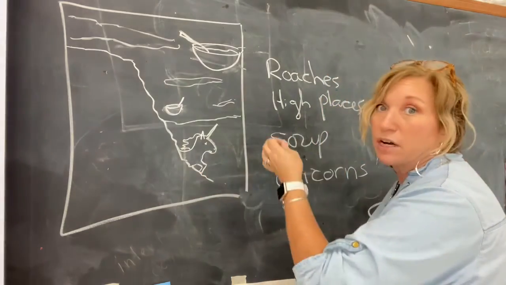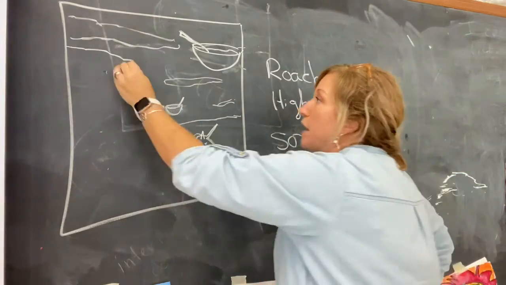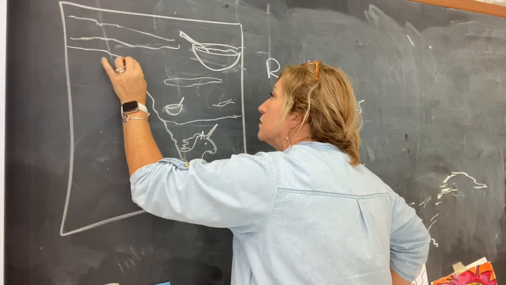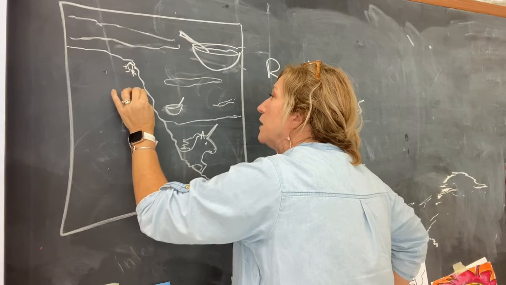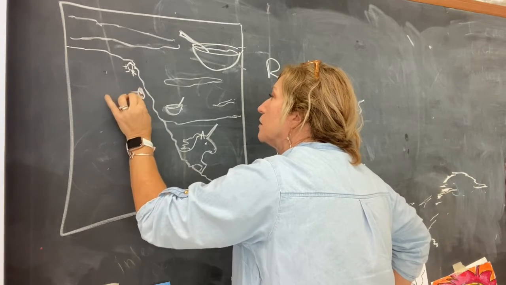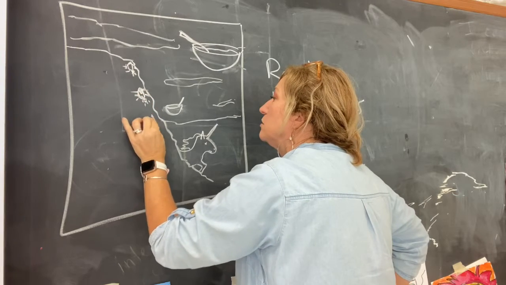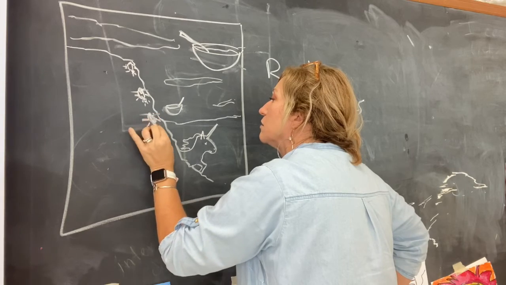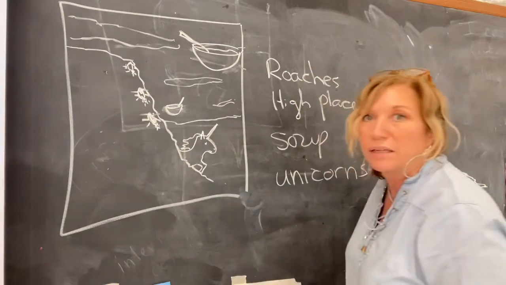And then I got the scary thing. What's something that's good? Roaches. So let's have roaches coming, and let's do several of them, coming down the cliff towards the unicorn. Why not?